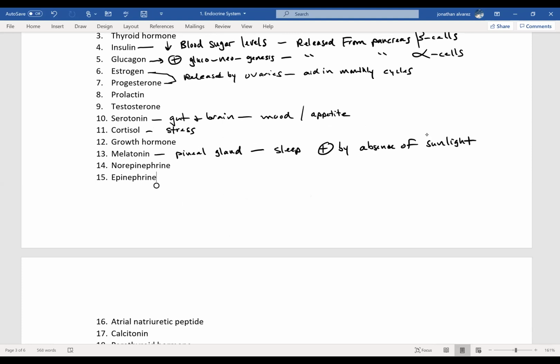Epinephrine and norepinephrine are released by the adrenal medulla to help with the sympathetic nervous system, also known as stress.